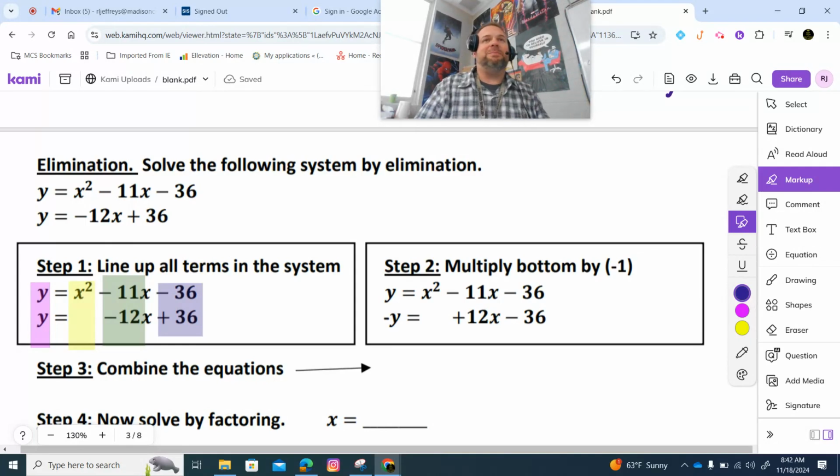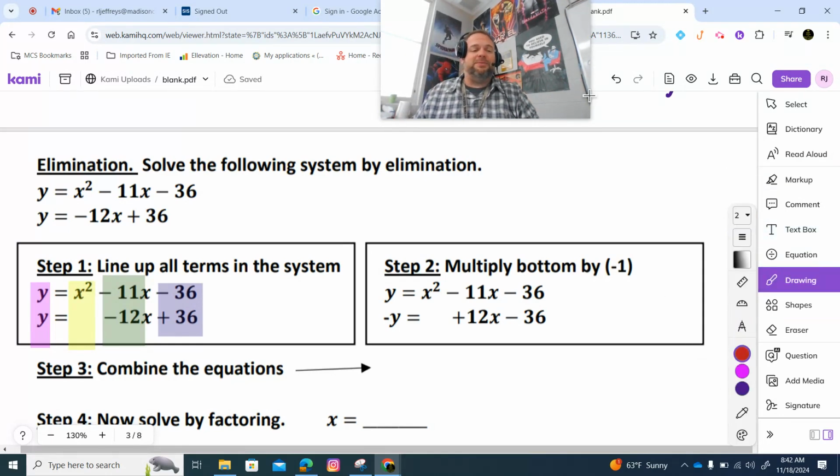Okay? I got them lined up. They're all lined up for y'all. I even put them in little boxes so they're nice and neat.